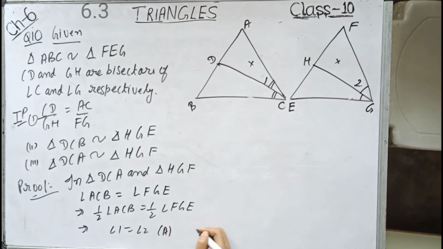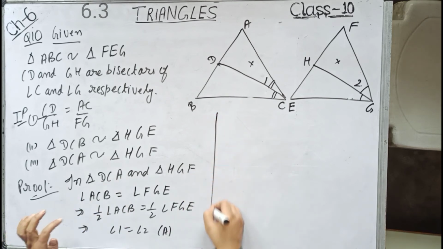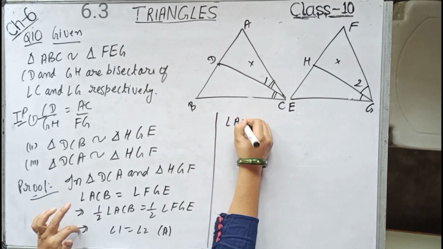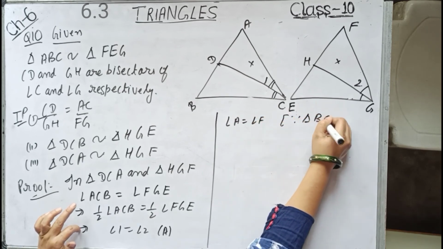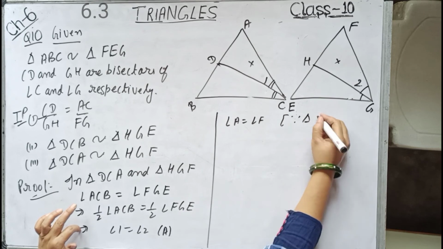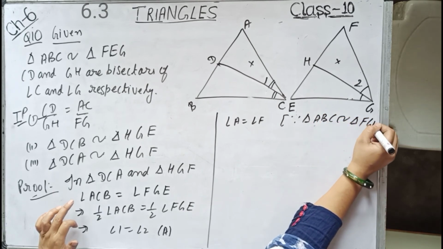Now let us see A and F. Also angle A equals angle F, since triangle ABC is similar to triangle FEG.